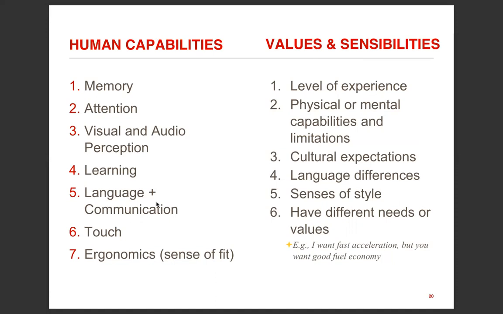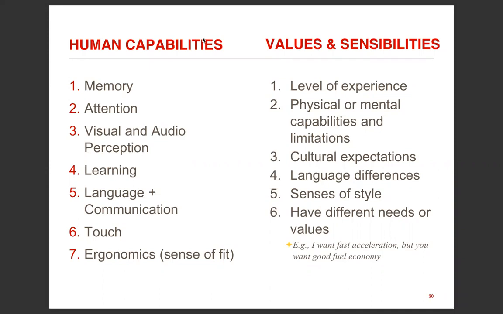Then note that each human has a different sense of these. The memory, we are different. Attention, we are different. Visual and audio perception, we are different. Some people see green as red and some see red as green. We have the learning abilities. We have the language communication. It's different how someone will read your sentence.